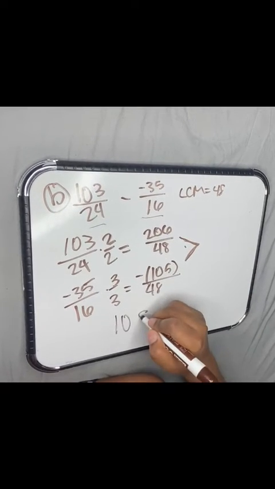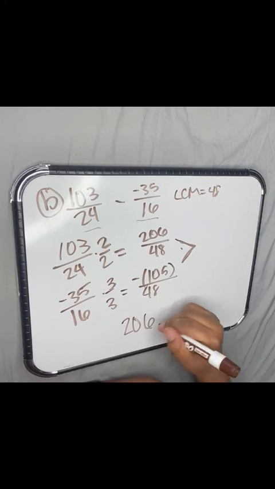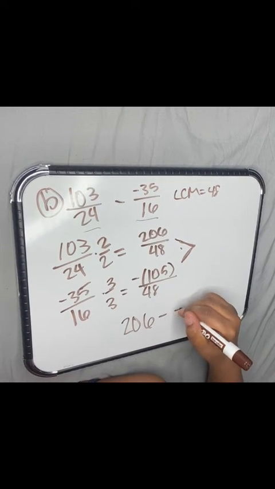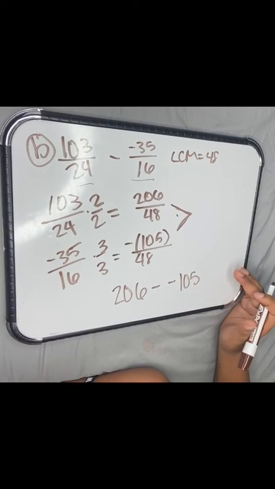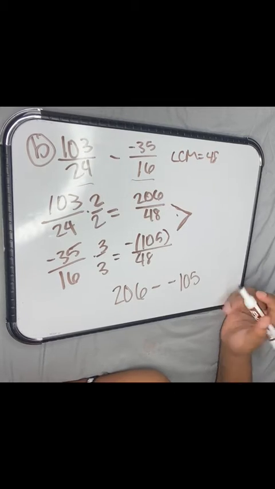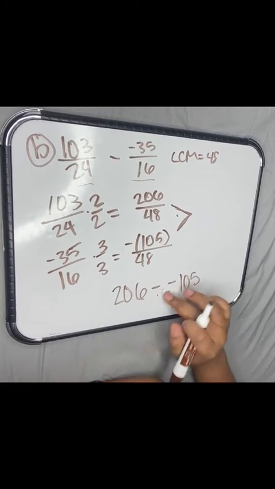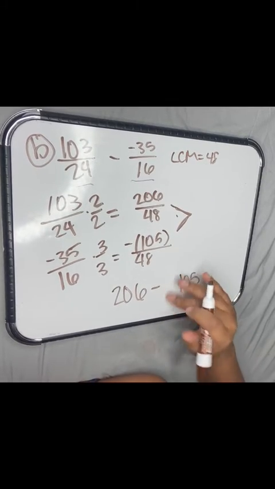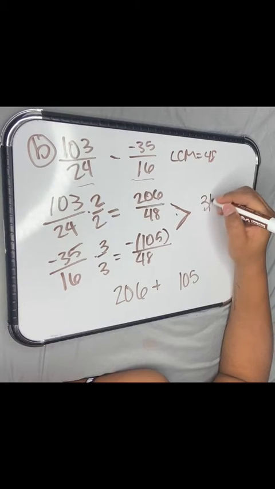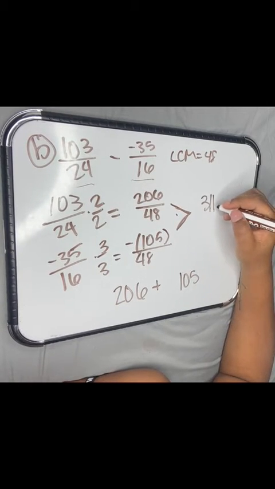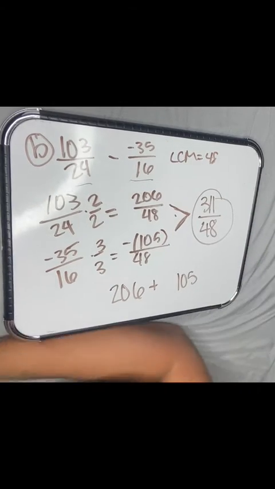So 206 minus negative 105 will basically give us a positive number. These two negatives turn into one positive. So just think about it like you're overlapping each one. So we'll get 311 as the numerator, and we'll get 48 as our denominator, and that will be our answer.